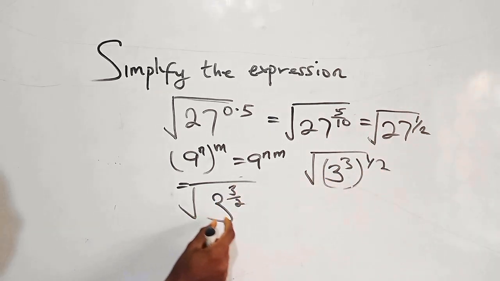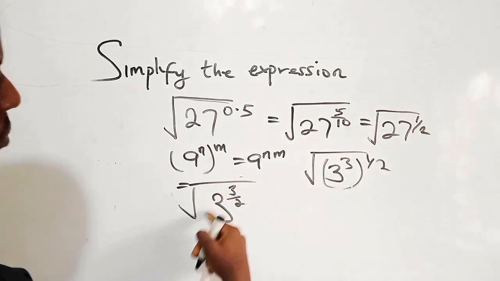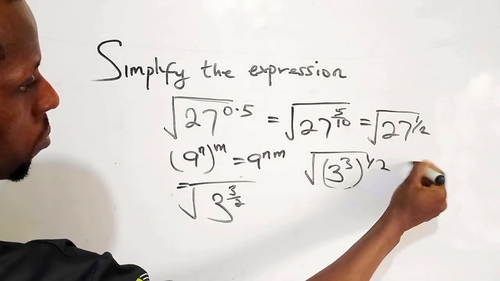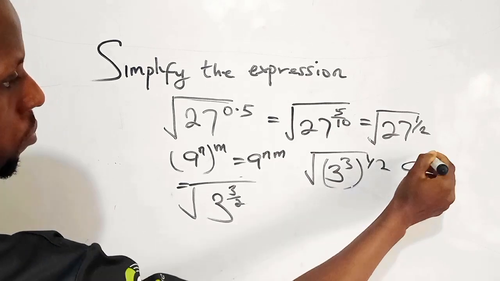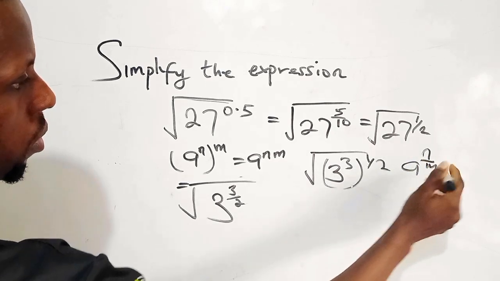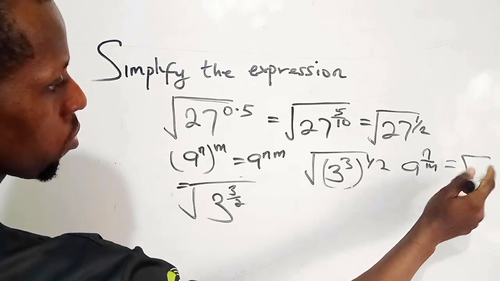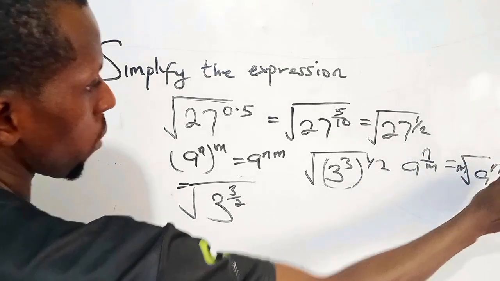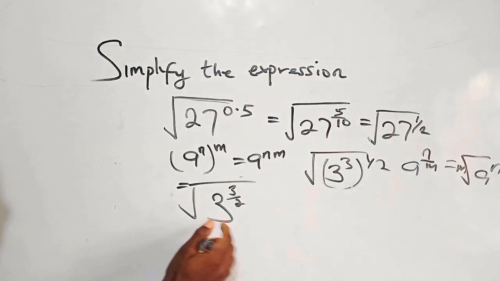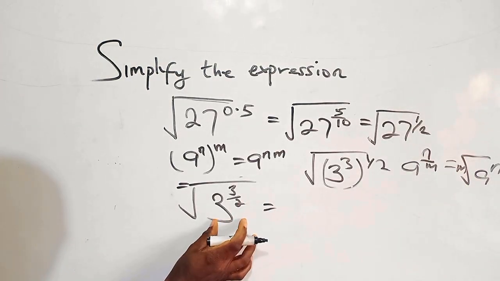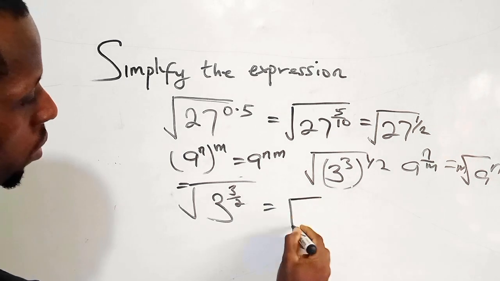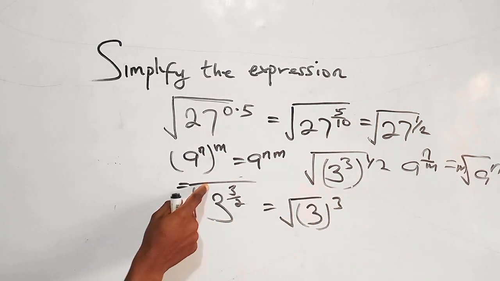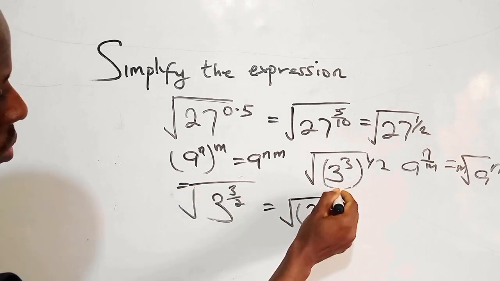Do not forget, if you simplify further, one of the rules of indices is that when you have a fraction as the power, when you open the square root, this one comes here and is power n. So you have it as square root of 3 to the power 3. Do not forget you have the square root here.